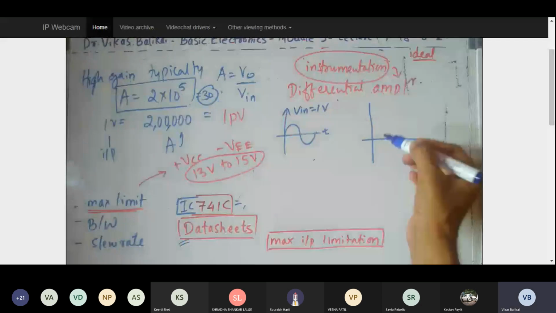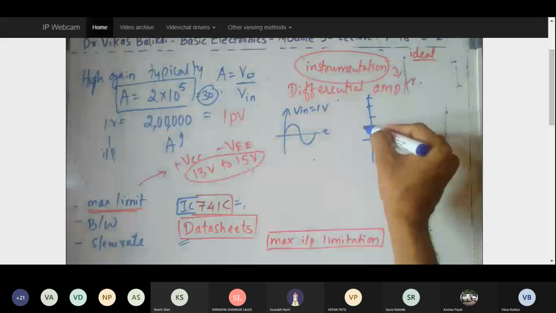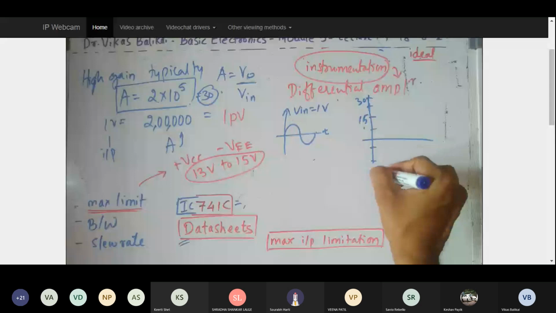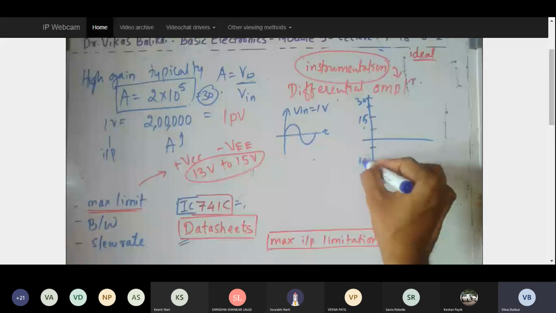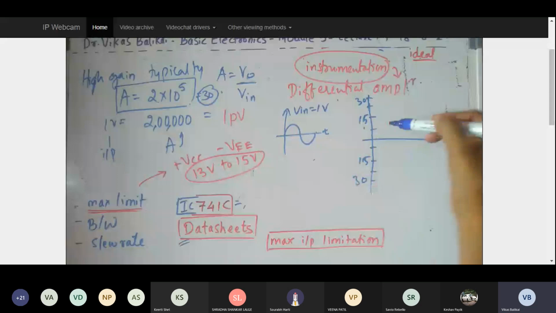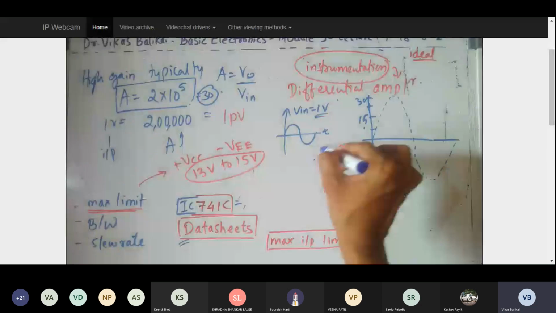If I just draw, if this is my axis, my actual waveform will look something like this. I was expecting a waveform like this, because for an input of 1 and a gain of 30, I was expecting 30 volts.